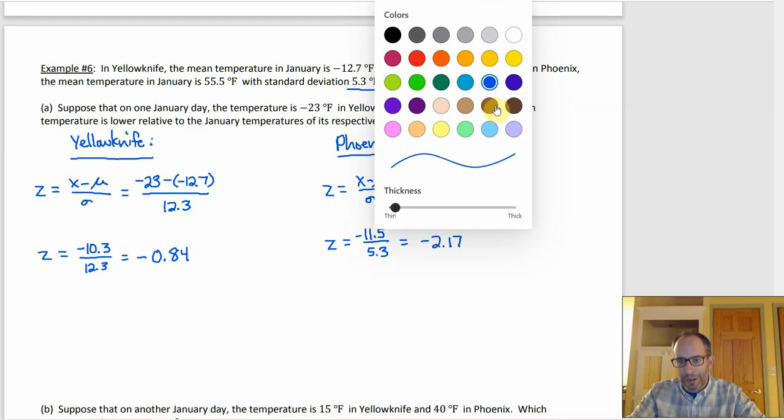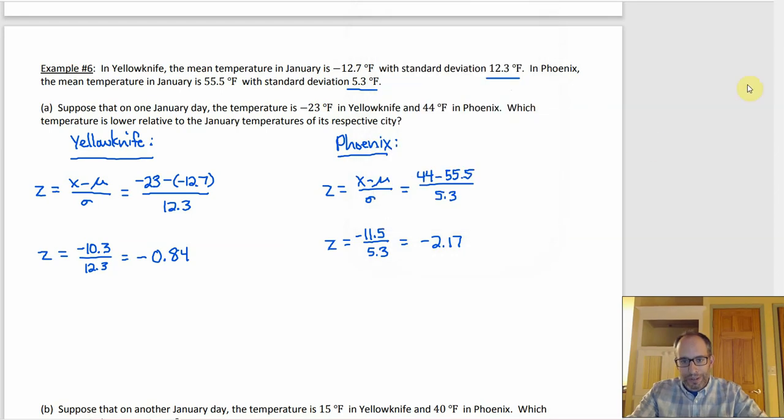And how about a different color? Let's say the lower relative to, I guess, January temperatures of that city.